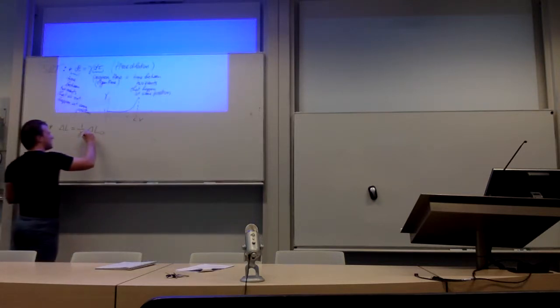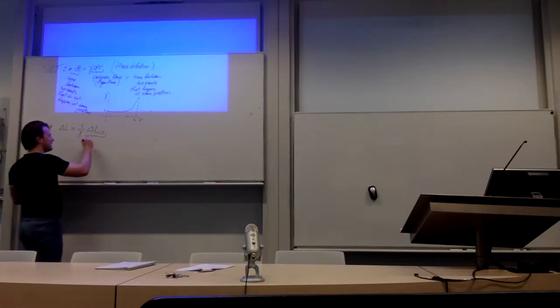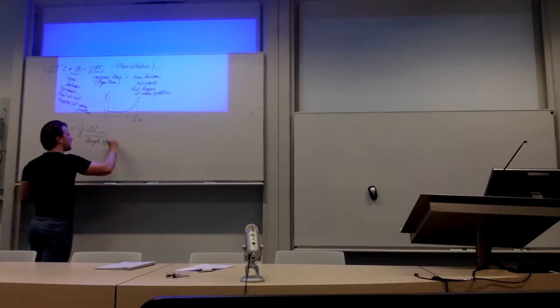So let's be very clear about what everything means, because most of the misconceptions of special relativity come from not fully understanding what every symbol means. So let's be very explicit about that. This one here is the length of some object as measured by someone standing still with respect to the object.